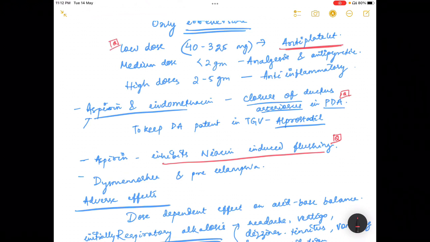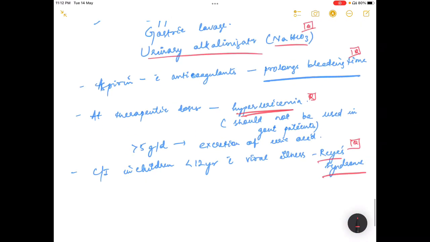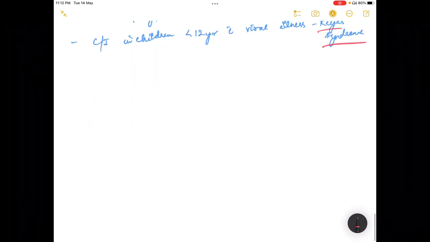Another question which is asked is, what is the mechanism behind the antiplatelet action of aspirin? So how does aspirin show antiplatelet action? Whenever you give aspirin at a lower dose, it inhibits the COX enzyme.